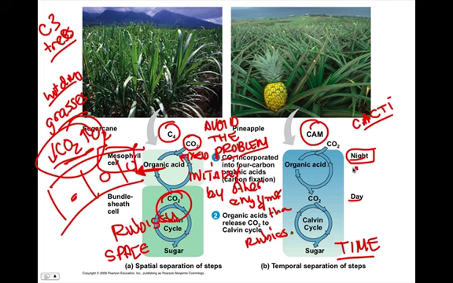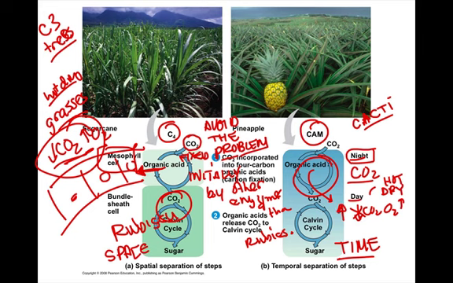The CO2 is fixed initially at night and held in organic acids, so that in the hot, dry day, CO2 would go down, O2 would go up, but Rubisco is protected because now these molecules release their CO2, and so the CO2 levels don't drop inside the leaf cell. They're maintained at a high level, and photorespiration is avoided. Boom, like that. And that's that at the end of Chapter 10.